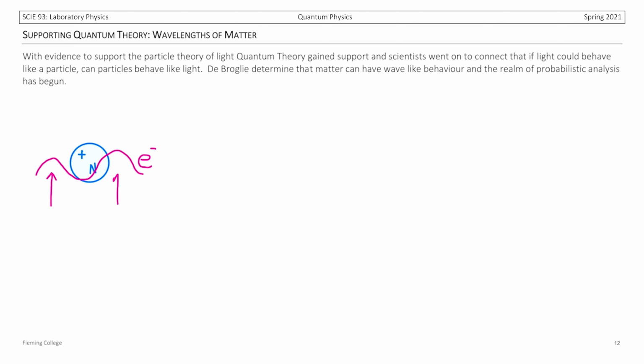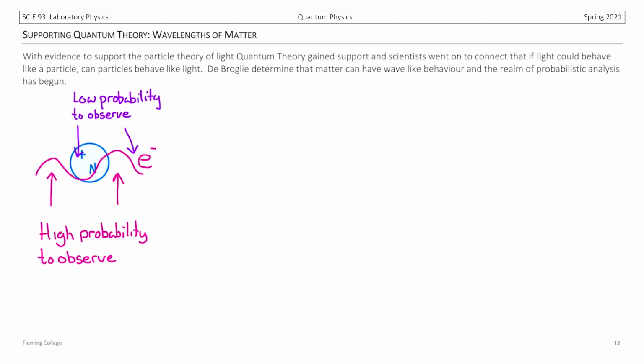So if we picture an electron in the Bohr model, the true belief is that the electron's position has wave-like properties. We have areas of high probability of observing electrons and areas of low probability of observing electrons. And this is due to the fact that the electron has that slight oscillation movement associated with a wave.